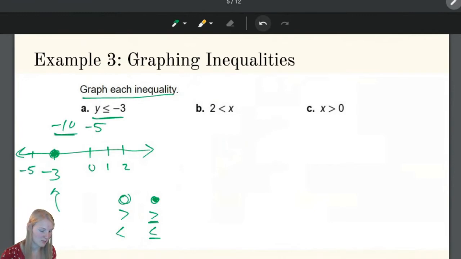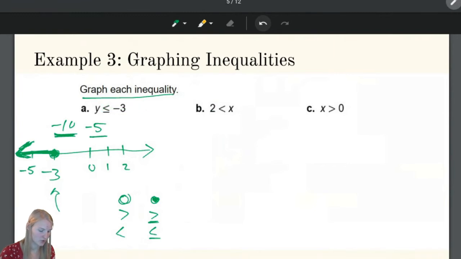So that means that my arrow should point towards the numbers that are less than -3. The numbers that are less than -3 are the numbers that are more negative. So your arrow should point that way. Now, it does point in the same direction as your inequality sign, but again, it does not always.